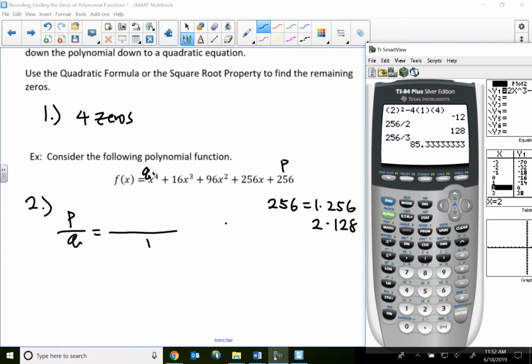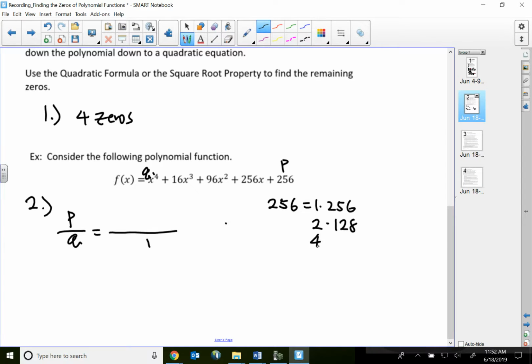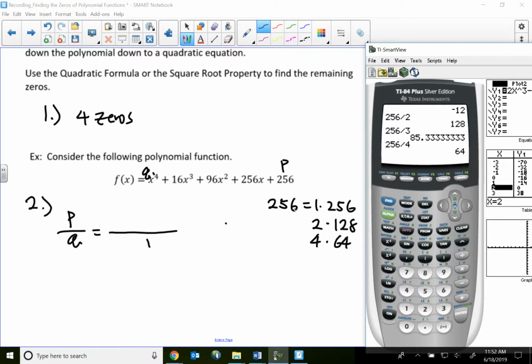Nope. 4: 4 times 64, oh, that's a little bit easier. 5 doesn't go into it. 6, I don't think 6 can go into it either. 7: 7 times 8 is 56, so that's worth a try. Nope. 8: yep, it will work. 8 and 32.